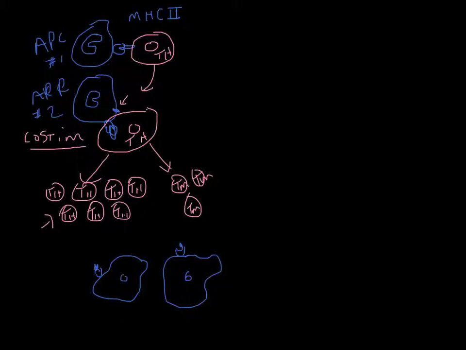So this is going to be number 3, number 4, up until the millions, okay? Well, these activated helper Ts are going to come over here, and what do they do? Well, they recognize that antigen.